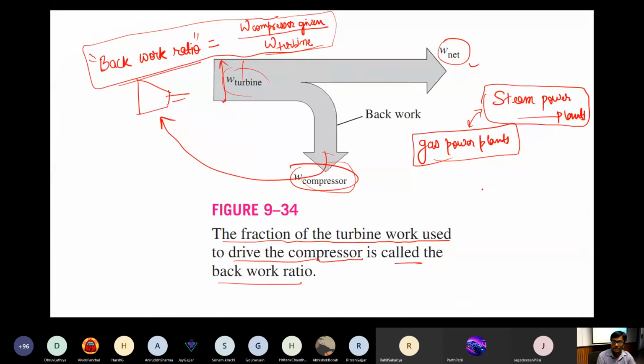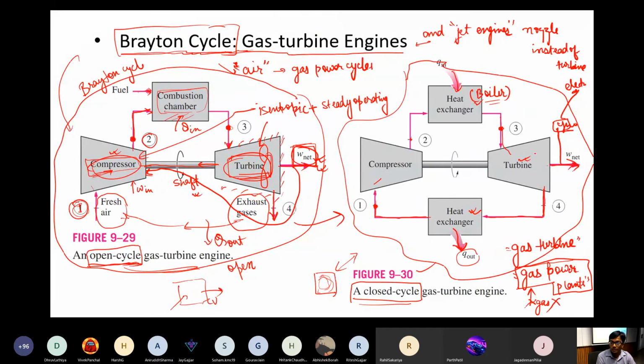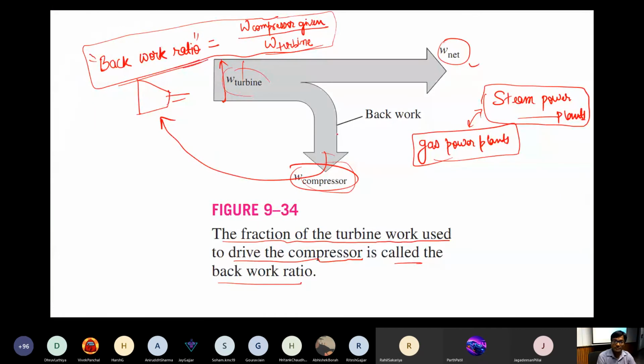The reason being, this turbine is again connected through a shaft to the compressor, and if you calculate the back work ratio, it is very high.